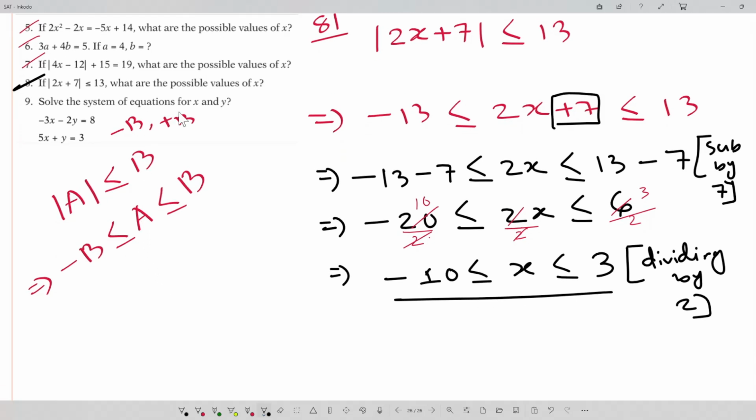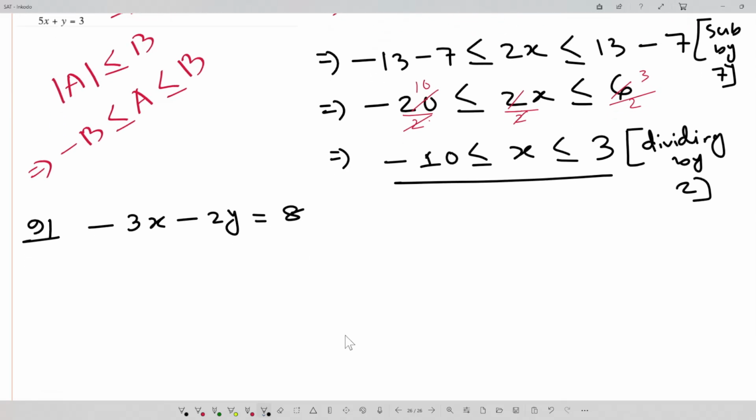Solve the system of equations for x and y. Number 9. Here is minus 3x minus 2y equals 8, and another one is 5x plus y equals 3. We can call this equation 1 and this one equation 2. We have to find the similarity.